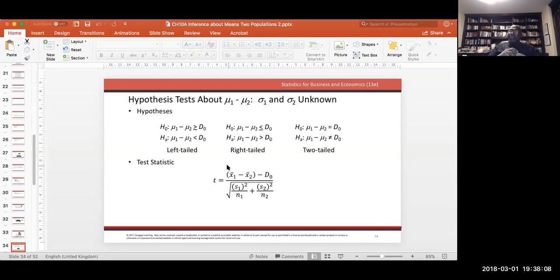So we could say, let us take a random sample of workers and get them to use method 1, the old method, and see how much product they produce in a fixed amount of time. Then we could take a different group of individuals, so now that makes it independent. It doesn't have to be the same people, and we get them to use method number 2, the new and improved method, and we look at their output and say, is there a difference between those two groups?